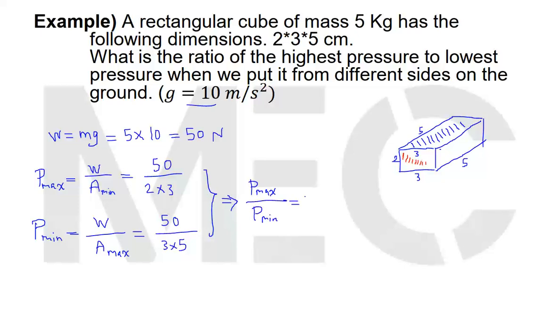Of course, we can have 50 over 2 times 3 over 50 over 3 times 5. Far by far, near by near, we'll get 5 over 2 or 2.5, which is the ratio of the longest side of this cube to the shortest side of this cube.